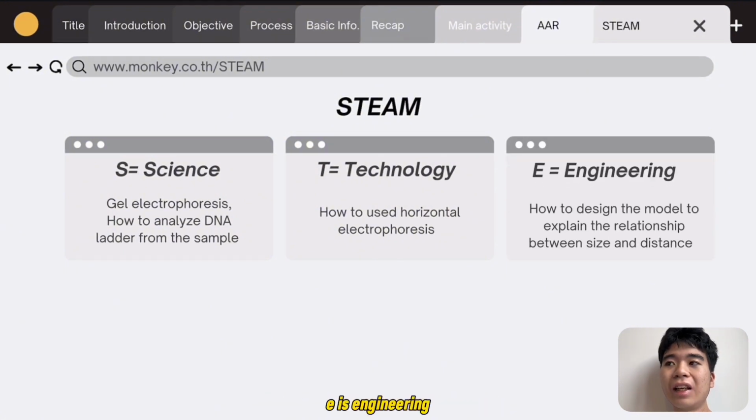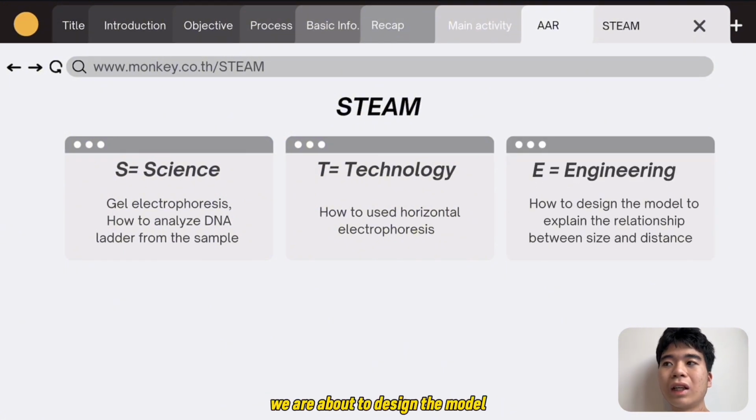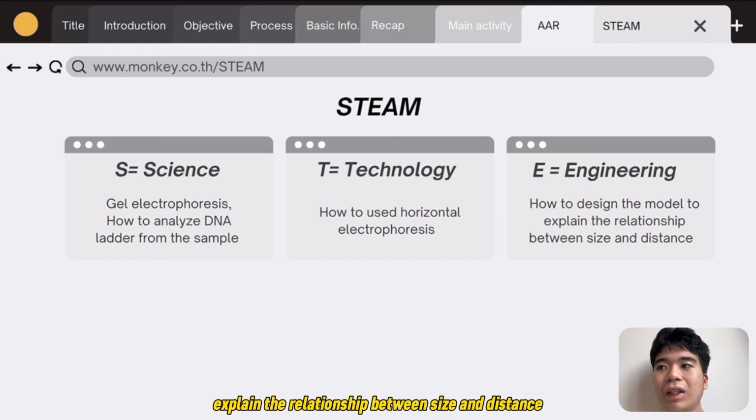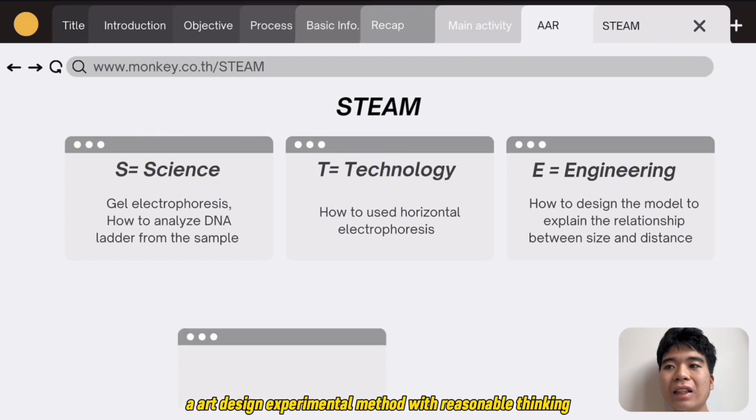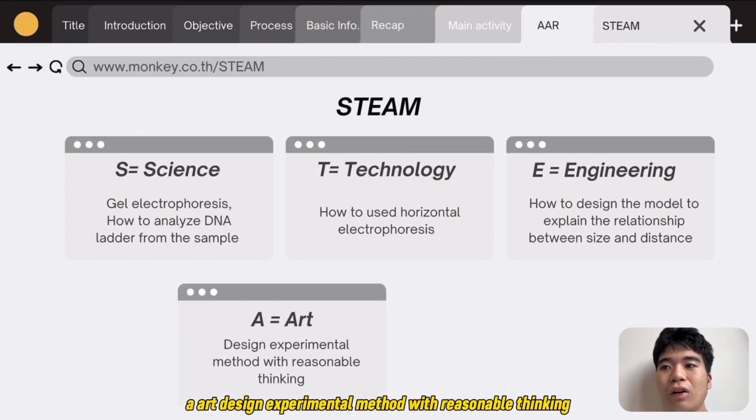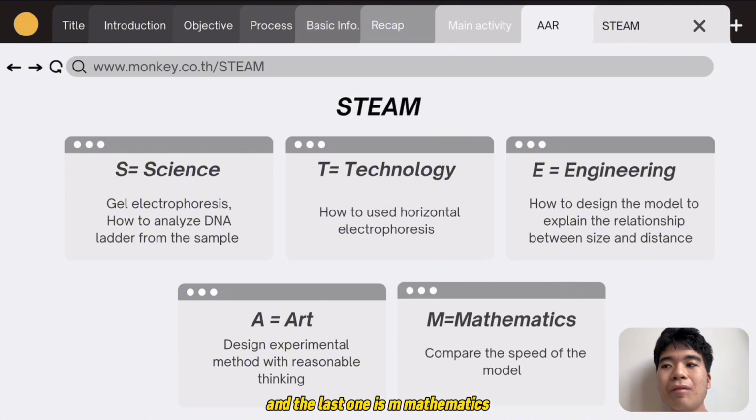E is Engineering. We are about to design the model, explaining the relationship between size and distance. A is Art, designing the experimental method with reasonable thinking. And the last one is M, Mathematics. We compare the speed of the model.